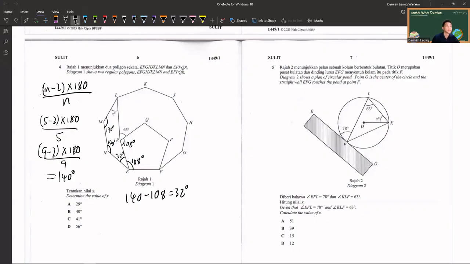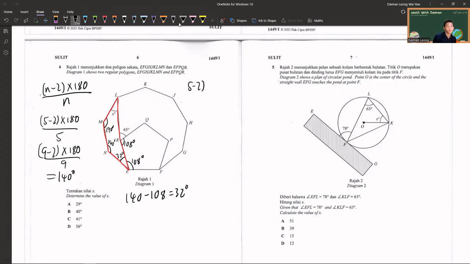Okay, I need to find x, so I can use this polygon. Okay, kami menggunakan polygon ini yang mempunyai 5 tepi. Okay, so yang ini polygon tidak sekata. When I have non-regular polygon like this, we just find sum of interior angle.